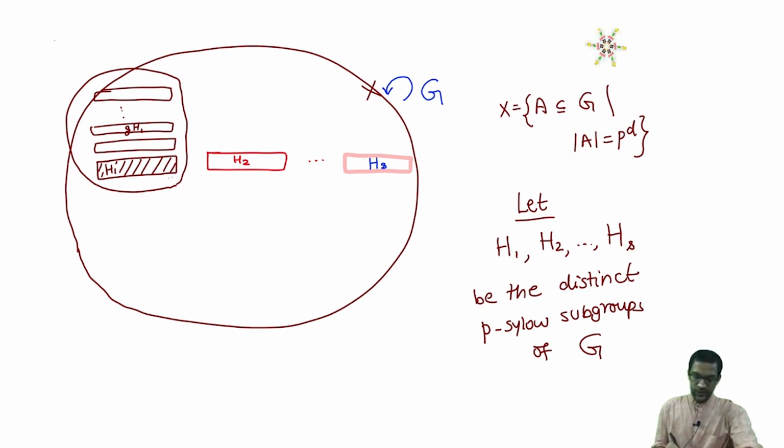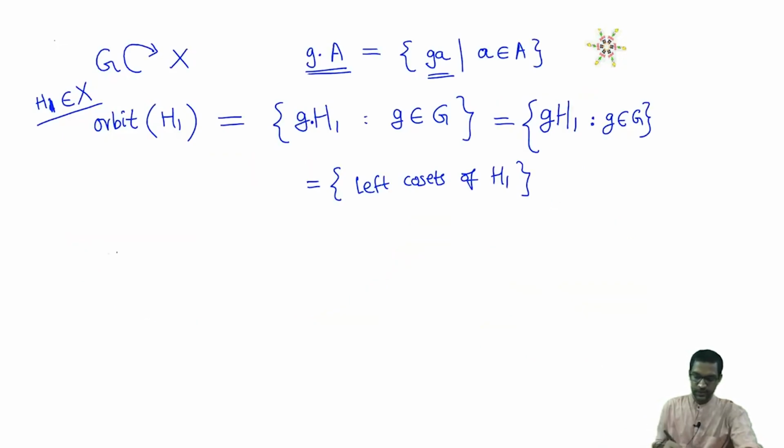So this guy is the only subgroup here, and since H2 is assumed to be different from H1, H2 can't live inside this orbit. If at all H2 lives in this orbit, it has to equal that guy, but H2 is not equal to H1. So that's all I'm trying to say here.